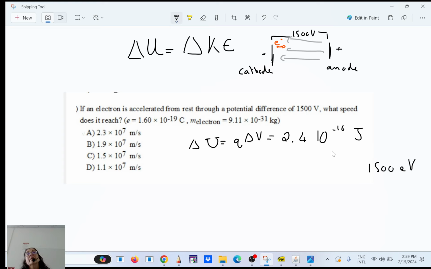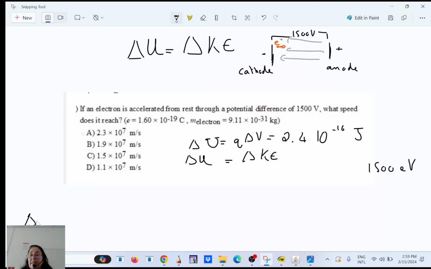So if you are going into X-rays, radiotherapy in the medical field, they use eV. They don't use joules, because with joules you have to deal with scientific notation. Okay, so all that energy is going to turn into kinetic energy, right? So the potential energy equals the change in kinetic energy.